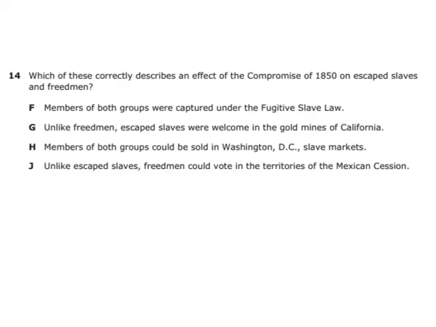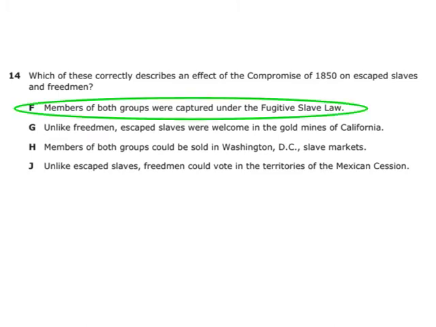Which of these correctly describes an effect of the Compromise of 1850 on escaped slaves and freedmen? Members of both groups were captured under the Fugitive Slave Law. Remember, I told you the Compromise of 1850 on that chart.